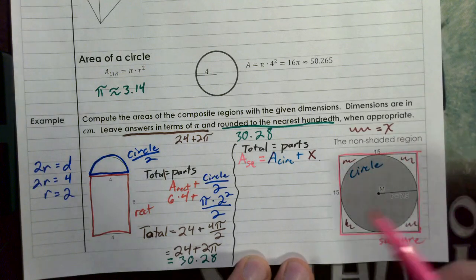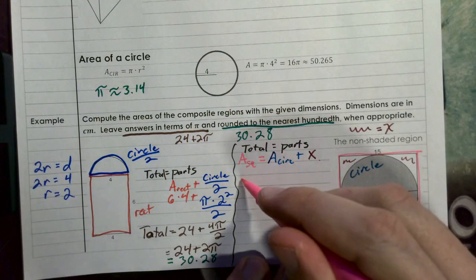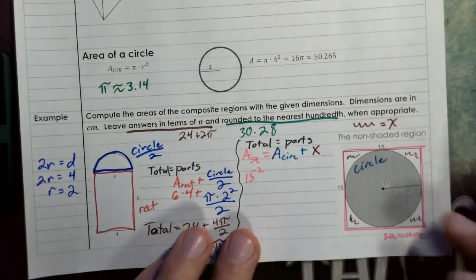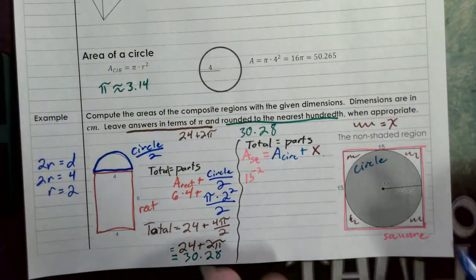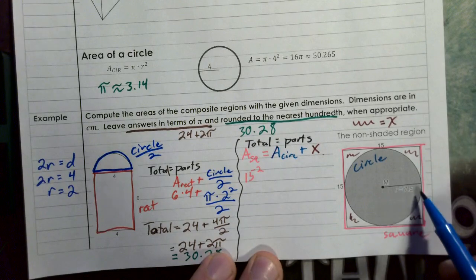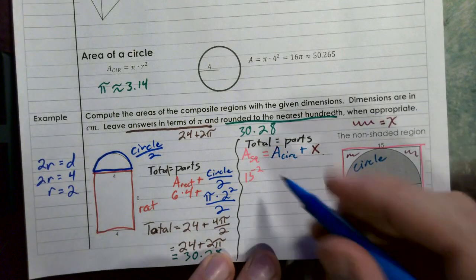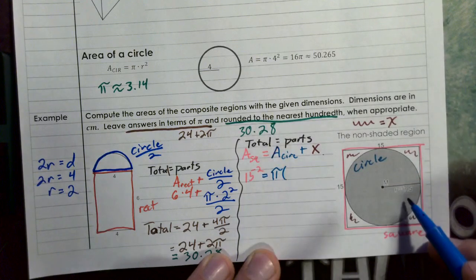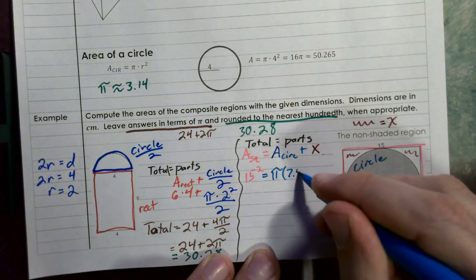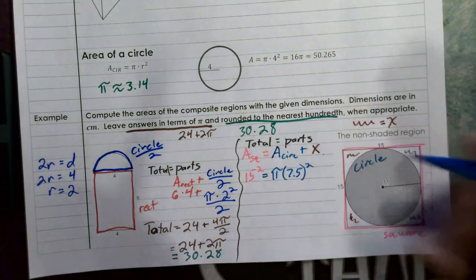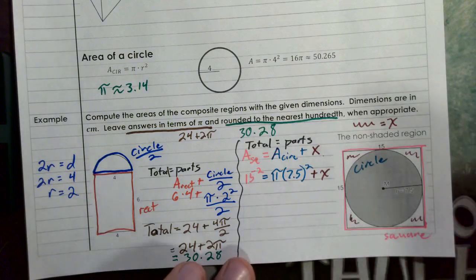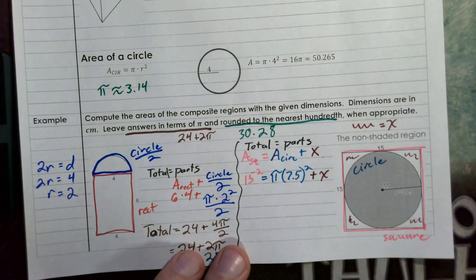So the square is 15 times 15. So area of a square is just going to be 15 squared. And then the area of our circle is going to be our radius squared times pi. So that equals pi times our radius squared, which is 7.5 squared, plus x. 15 squared, I'm pretty sure, is 225.